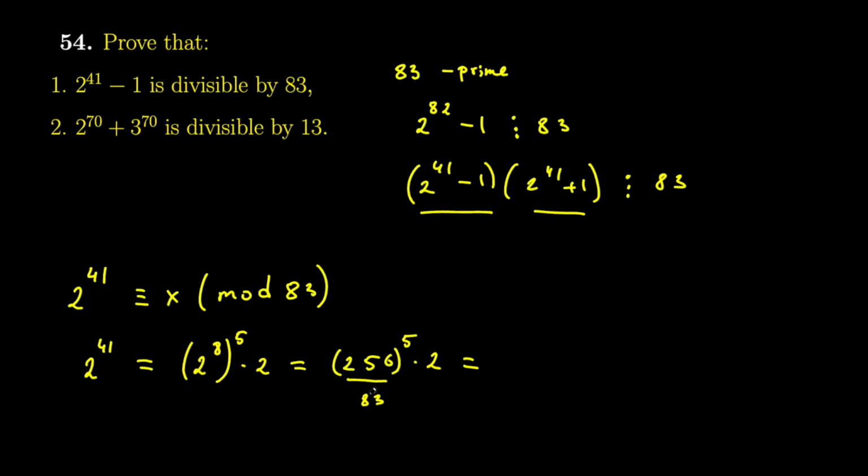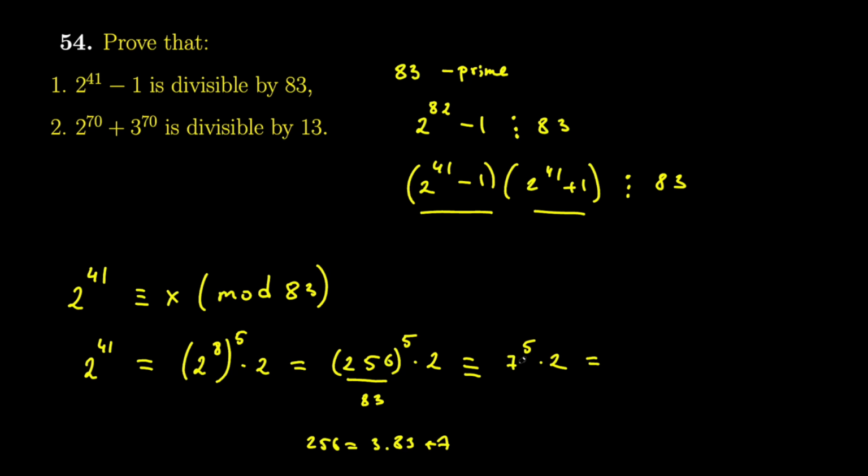What happens if you divide this number by 83? 256 is 3 times 83 plus 7, so the remainder is 7. In terms of remainders, this number is congruent to 7 to the power 5 times 2. I'm replacing 256 with 7.